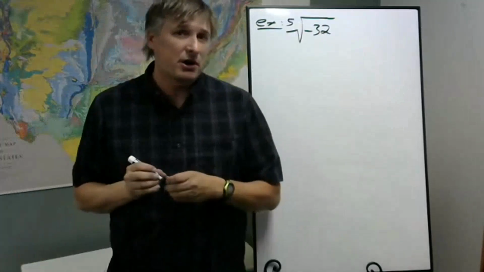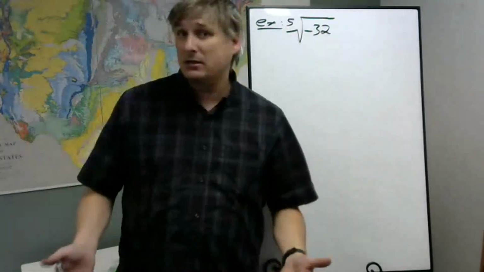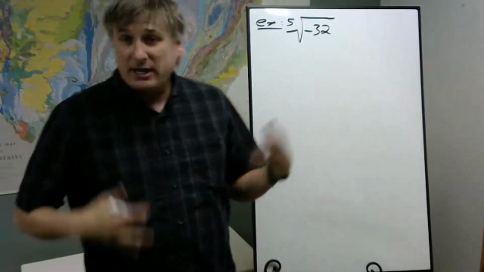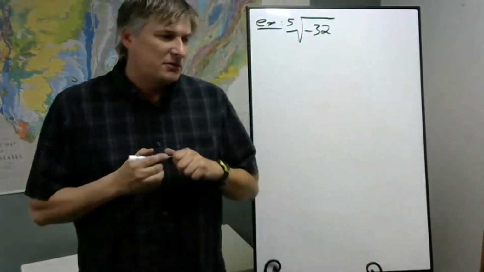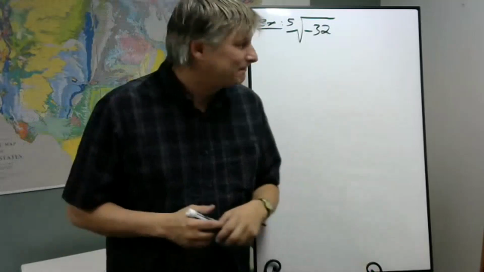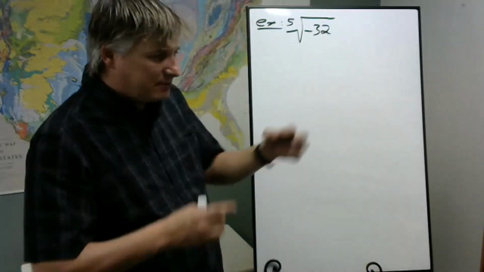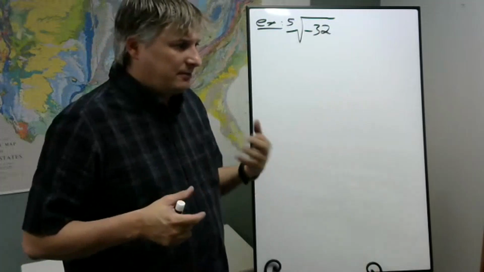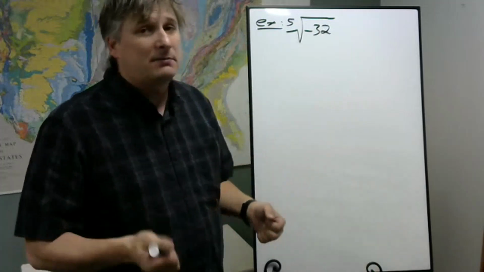Now, thinking back to your chart, we can do odd roots of positive and negative numbers. We can do even roots of positive numbers. We just can't do even roots of negative numbers just yet. So what number times itself, and let's say we have 5 of these numbers, will turn out to be negative 32? Turns out to be this.